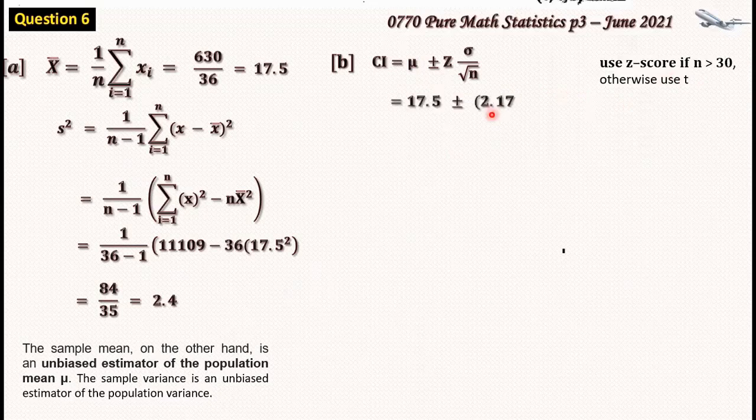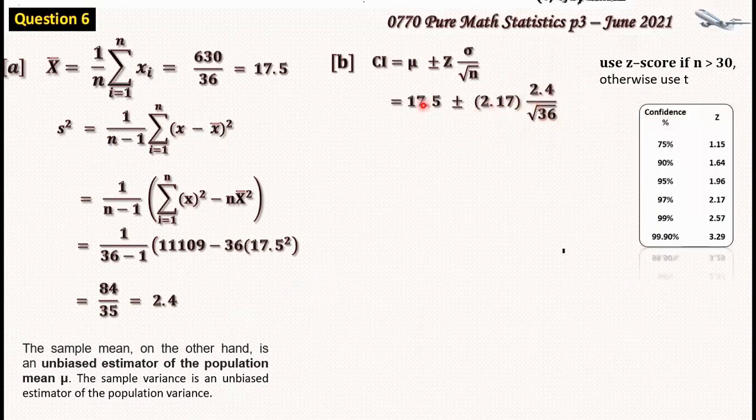The Z score for the 97% confidence is 2.17. So putting this in and simplifying, this is the summary. You have this in your formula booklets. You check from your formula booklet and you see this inside. Since you have to use your formula booklets in the exam, you read the value from there and apply it.